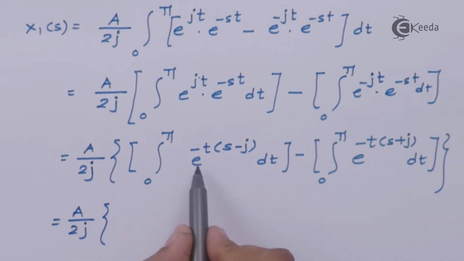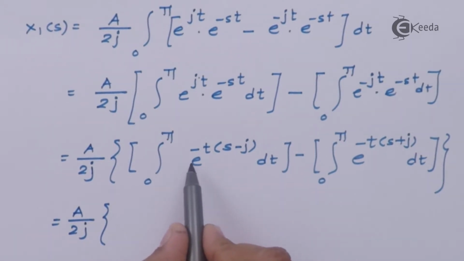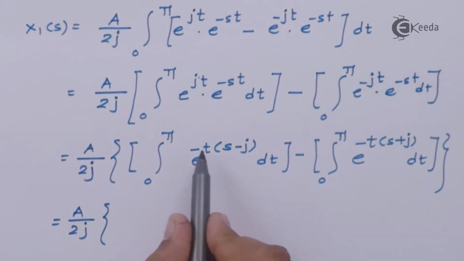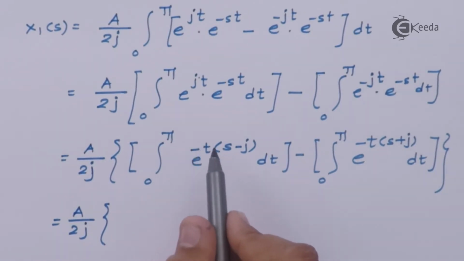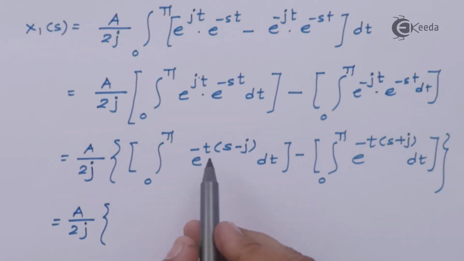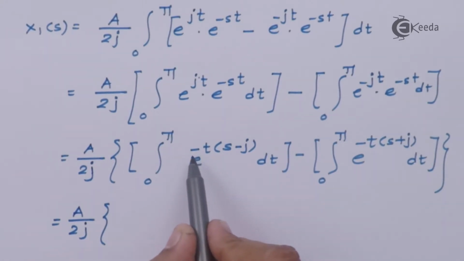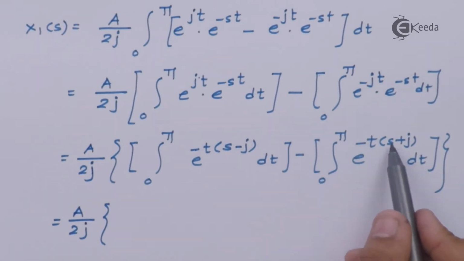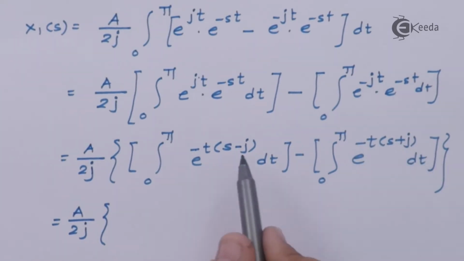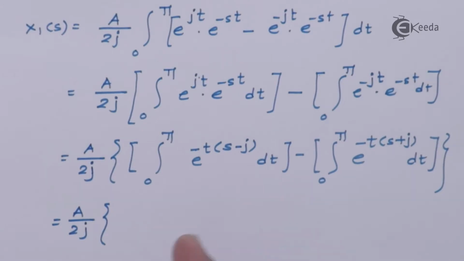Now we know that the integration of an exponential function is always exponential, but it is divided by the constant part which is present in its power. So the constant part which is present in its power is minus of s minus j, and in the second part we have minus of s plus j. So this part will be in the denominator after taking integration of the exponential function.